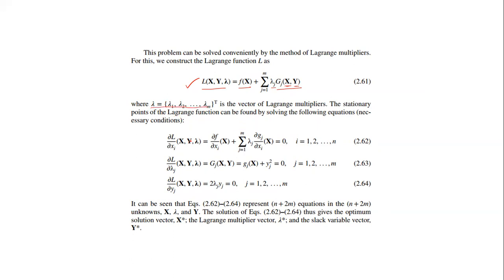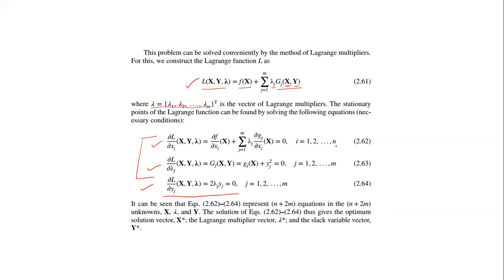For finding the stationary point, we take the first order partial derivatives in terms of x and in terms of lambda, which are available in the Lagrange multiplier method. Because of the introduction of the slack variable y, we also need the derivative with respect to y. Eventually this helps us generalize the first order necessary condition.